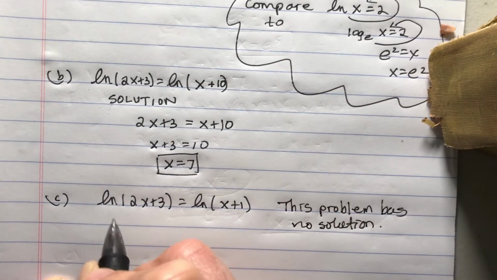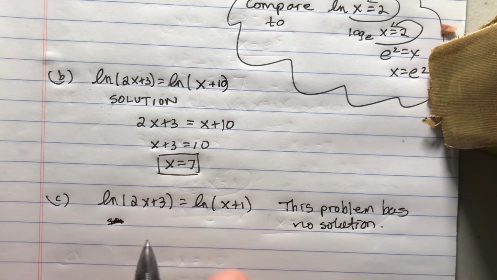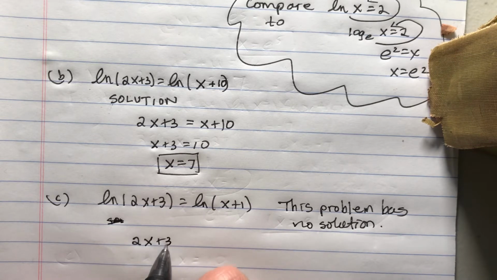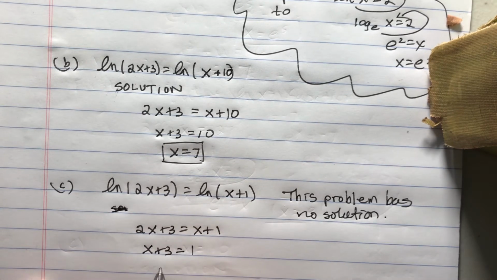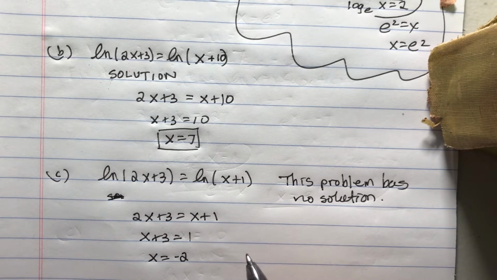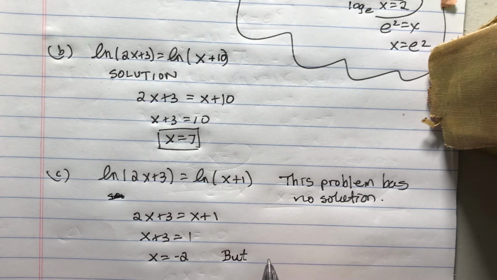Okay, so again, what I do is I set the inputs equal to each other. I'll subtract x from both sides, and I subtract 3. And well, it looks pretty good, but it isn't.